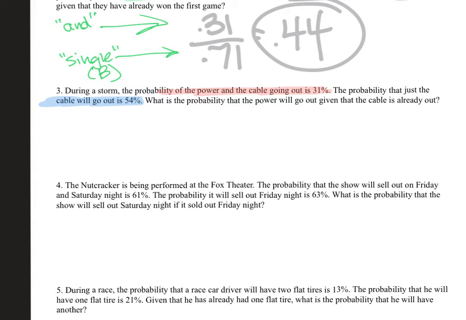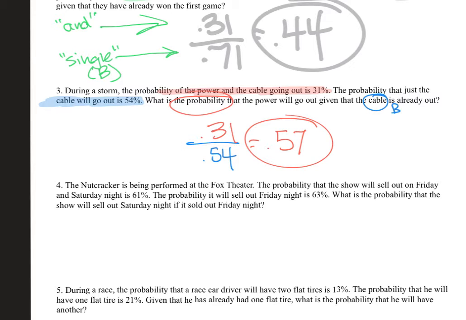So my event B is cable, so that's going to be my denominator. The probability of my cable just going out is 0.54, and my numerator, both going out, is 0.31. So 0.31 divided by 0.54 is 0.57. It says what is the probability, so I'm leaving my answer like that.